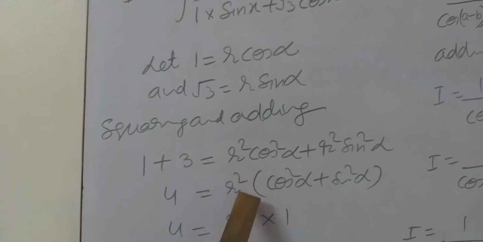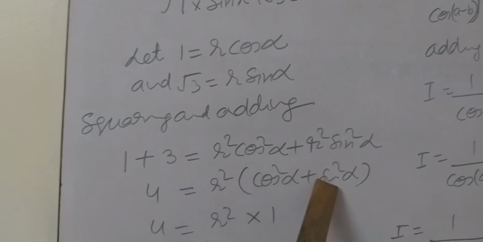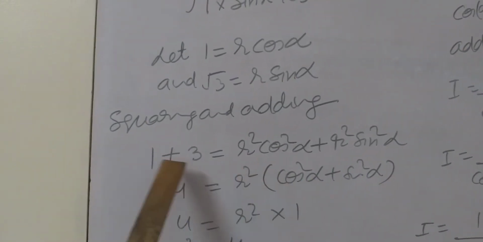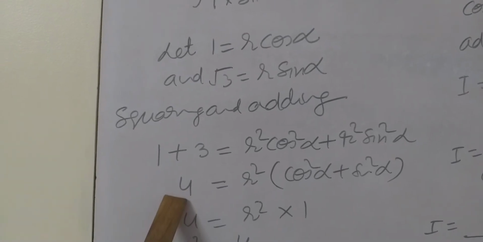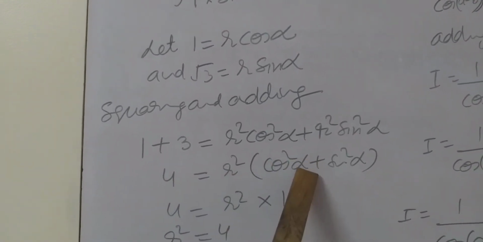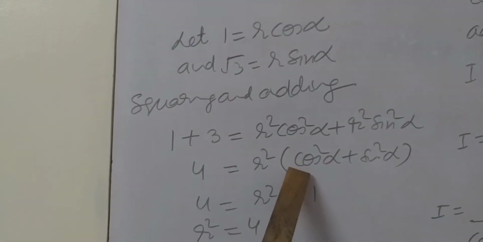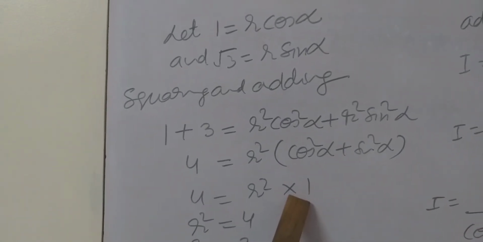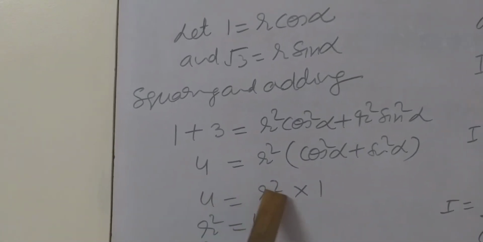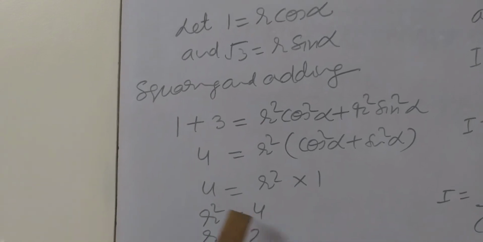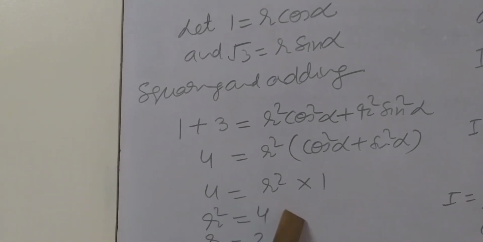R square common, cos square alpha plus sin square alpha, equals 4. Since cos square alpha plus sin square alpha equals 1, 4 equals r square into 1, so r square equals 4.